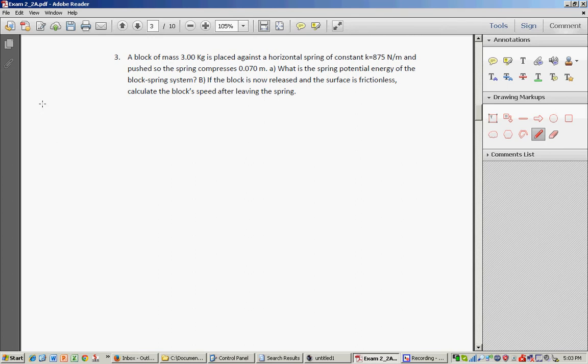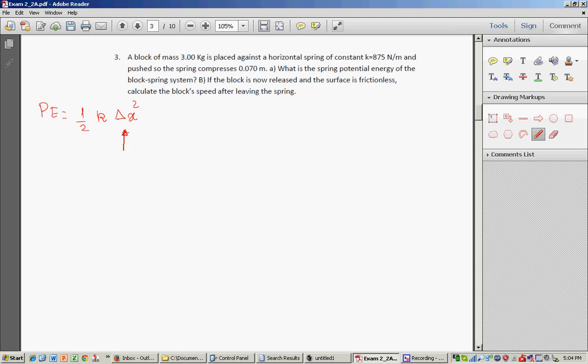The problem number 3 is one that implies knowledge of potential energy. Potential energy of a spring that has been compressed is equal to half the spring constant times how much of this spring has been compressed or stretched.